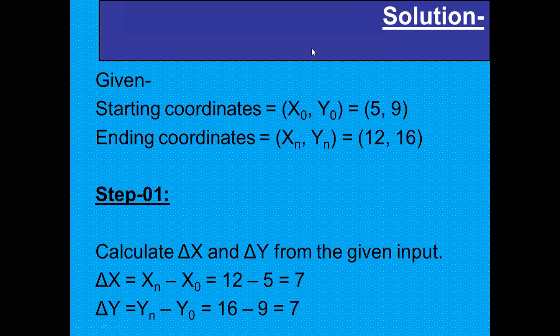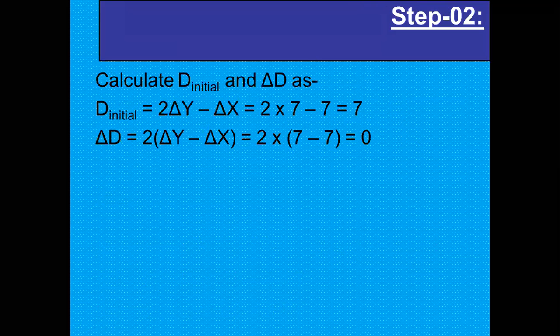Then we will calculate the value of D initial and delta D. The formula for D initial is 2 into delta y minus delta x; put in the values of delta y and delta x. D initial is the error term, which we will calculate again and again.